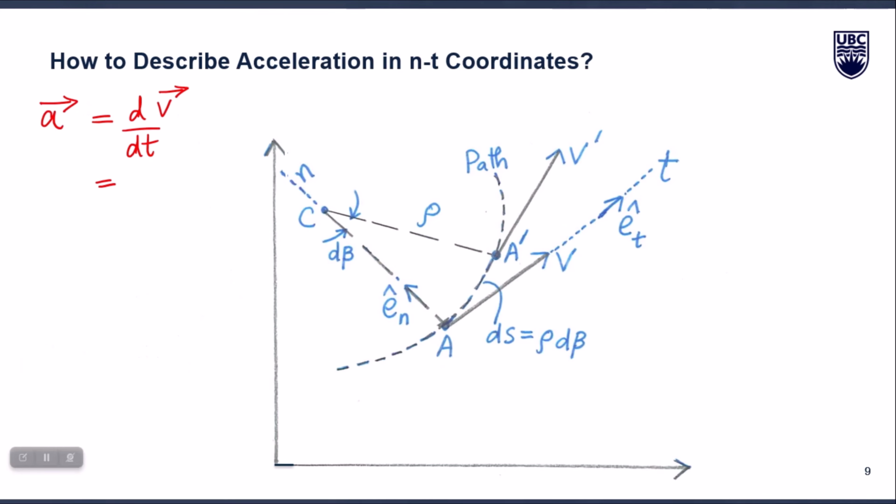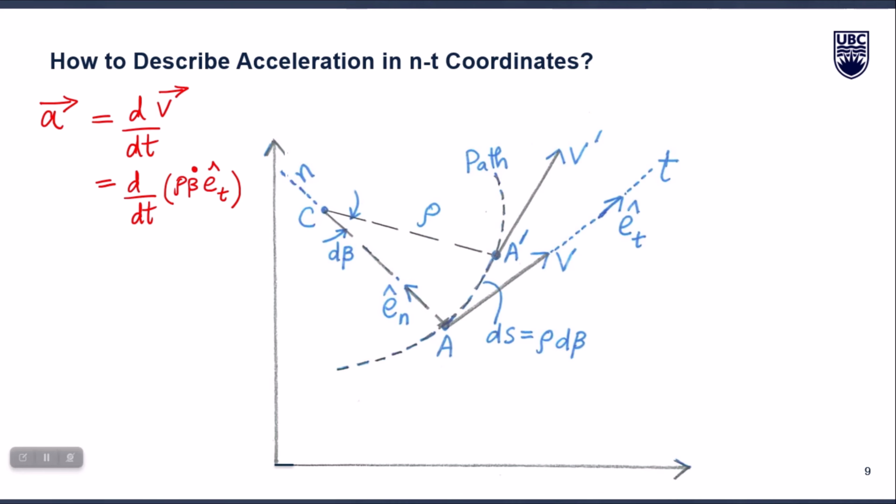This becomes d by dt of rho times beta dot times the E sub t unit vector. So it is a product of a scalar quantity, rho times beta dot, and the vector quantity E sub t.